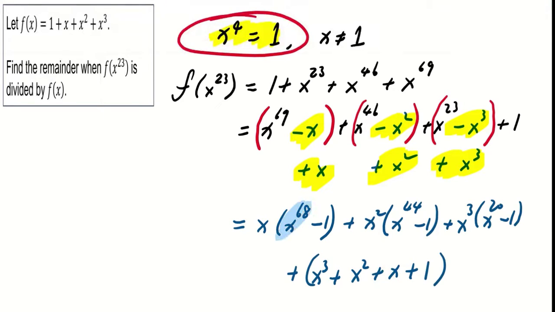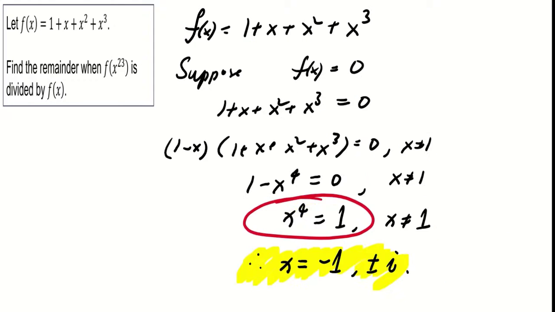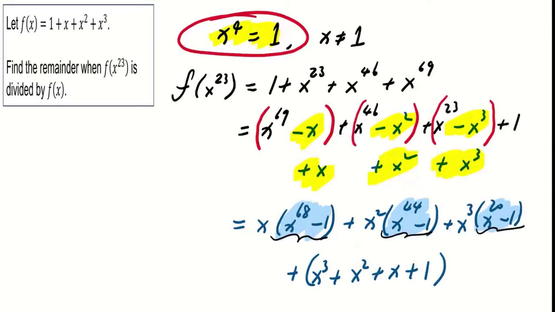Note that each of these, x^68 minus 1, x^44 minus 1, x^20 minus 1, has a factor of x to the power 4 minus 1. And x power 4 minus 1 has a factor of 1 plus x squared plus x cubed. This will mean that each of these terms has a factor of 1 plus x squared plus x power 3.